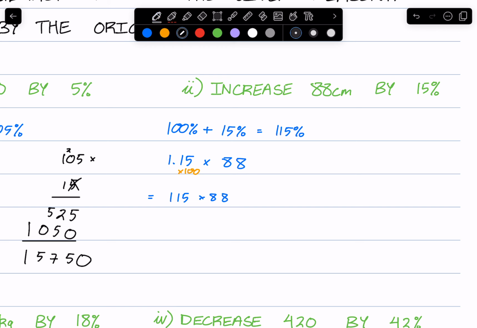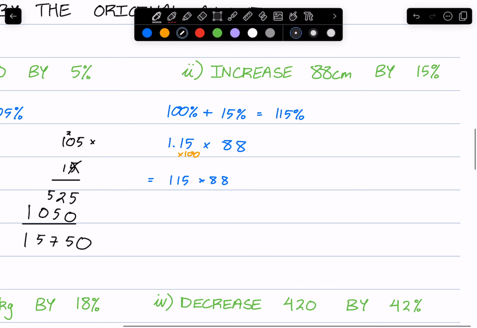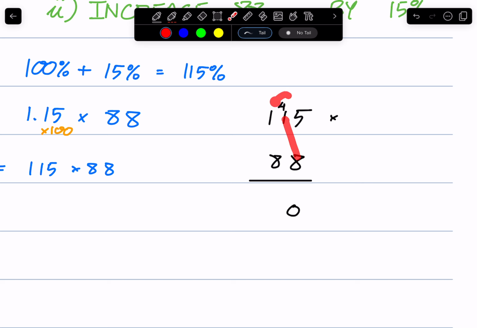And it is this amount we are now going to work with by column multiplication. So 115 times 88, and working through that method. 5 times 8 is 40. 1 times 8 is 8, plus 4 is 12.